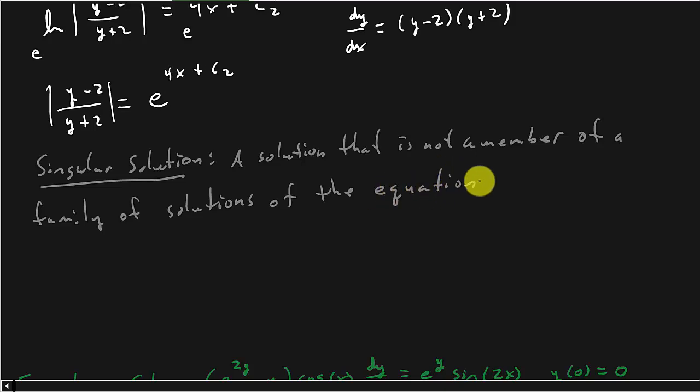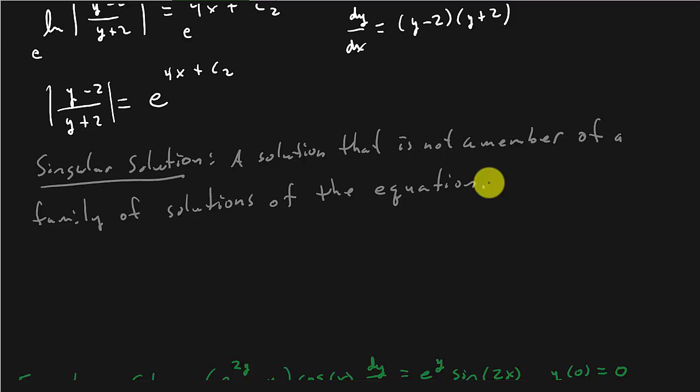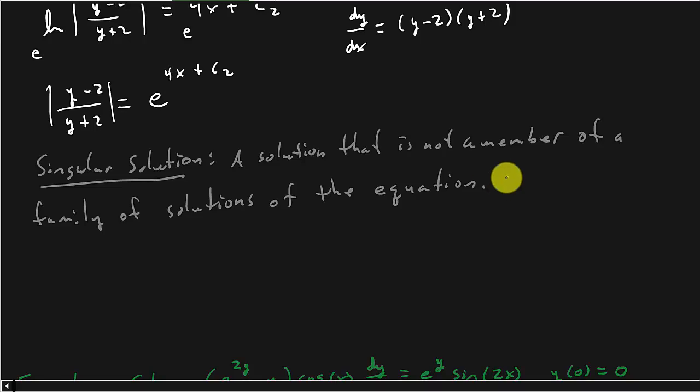You know, we can't use the plus or minus 2, but notice the positive 2 was a member of the family, but the negative 2 was not, because there was no c value we could use to get that equation true.